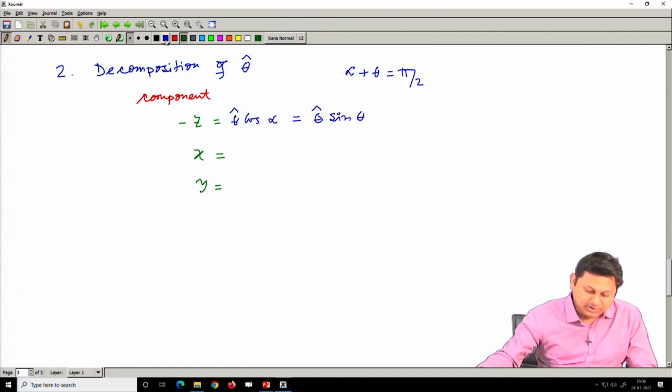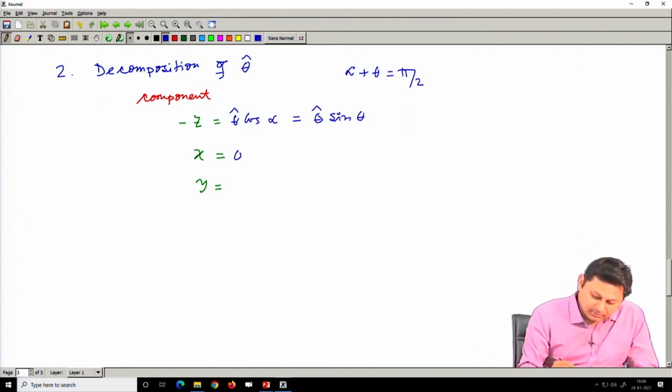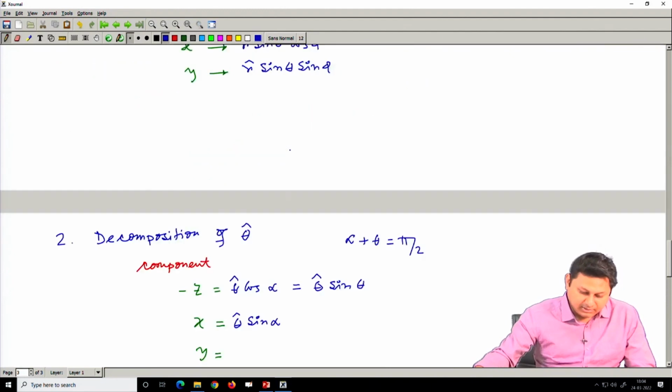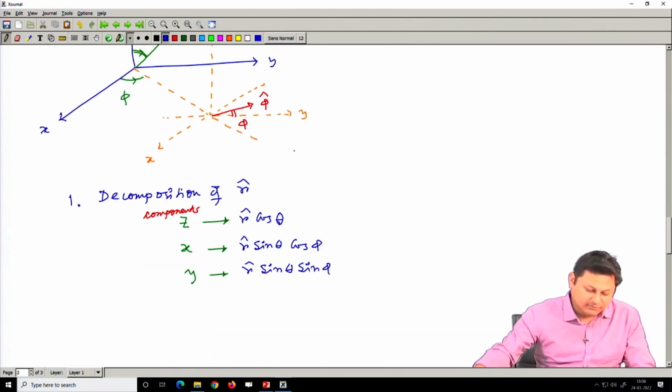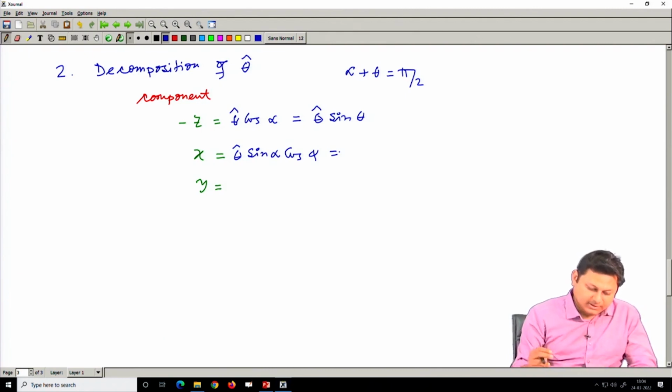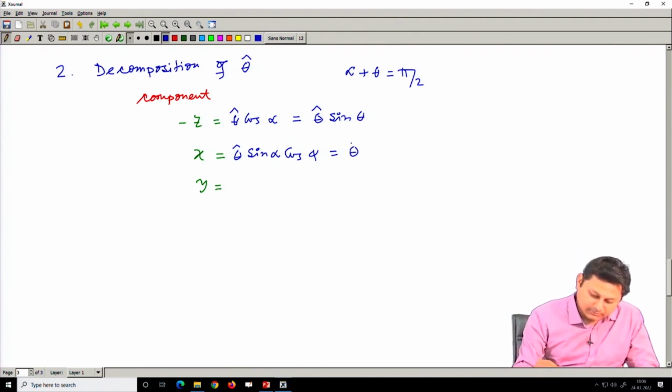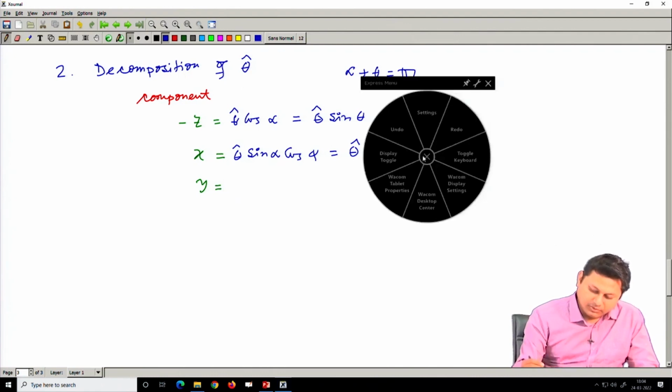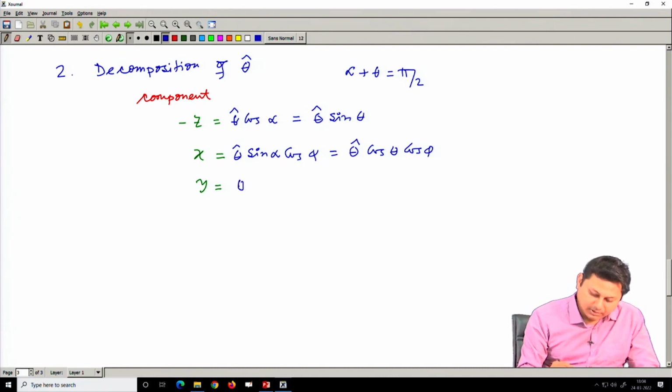Then this is making an angle phi, so it should be simply cos phi. So, eventually we are going to have the theta unit vector times cos theta, because sin alpha is equal to cos theta, and cos phi. In a similar way, for y, I simply have the theta unit vector times cos theta and sin phi.